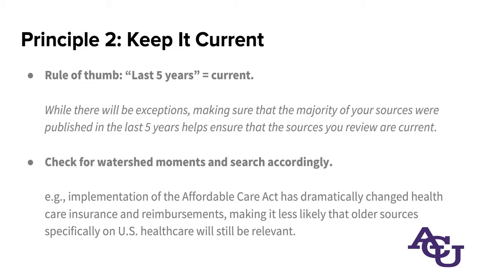And one of the things to keep in mind is that you want to look for a watershed moment, something that changes how things function, and inform your search accordingly. So, for example, the passage of the Affordable Care Act, its enacting into law, and the activation of certain things, because it wasn't all in place day one. There were some things that were planned to phase in a couple of years later.